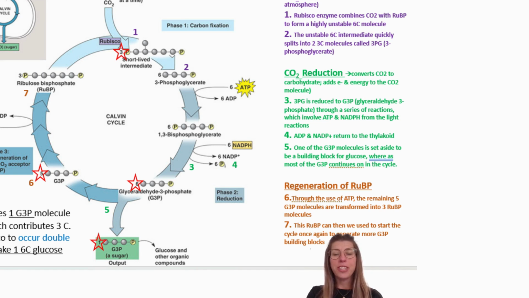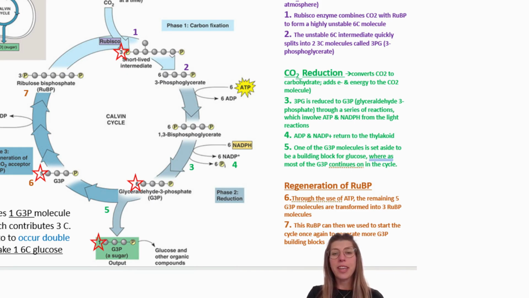So from the 6 G3Ps that are being produced from the 3 carbon dioxides coming in, only one G3P, which is the building block of sugar, gets released. The remaining 5 continue on into the regeneration stage.